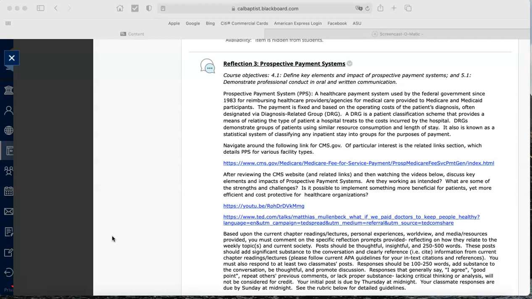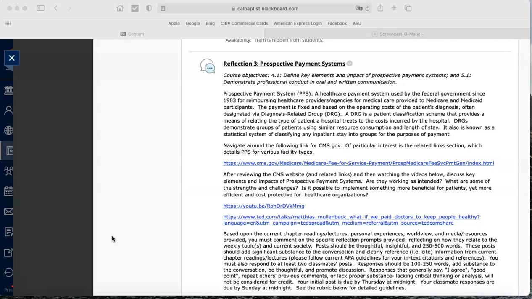So those DRGs demonstrate groups of patients using similar resource consumption and length of stay. So regardless of how long somebody is in the hospital for their particular episode, that DRG will have an allowable number of days that it typically would cover.